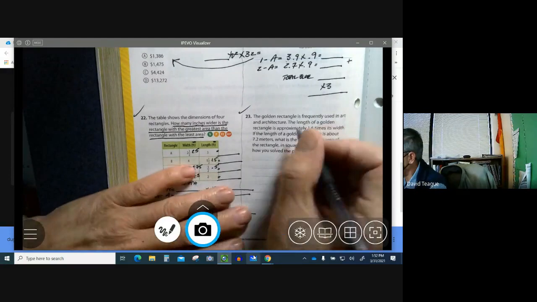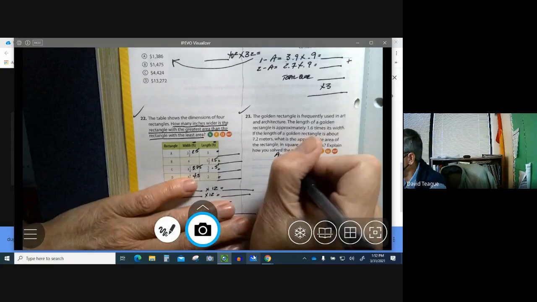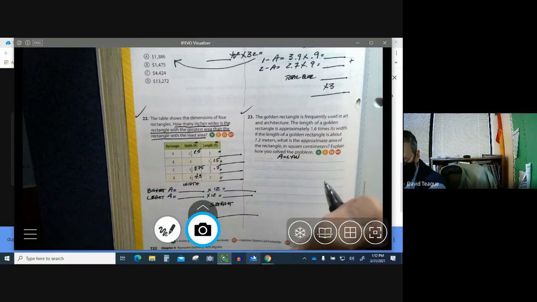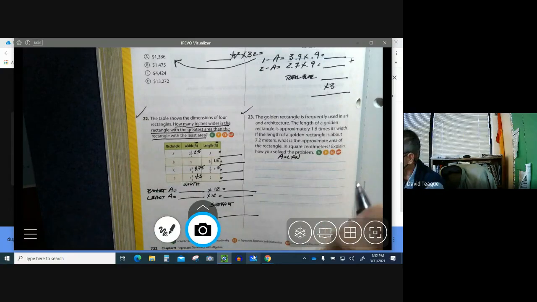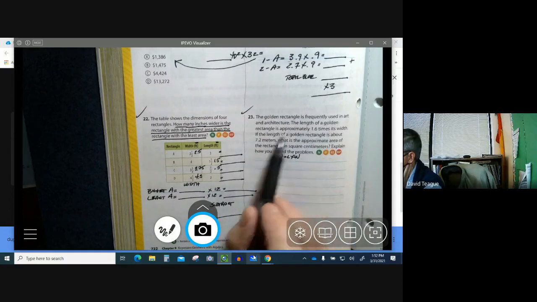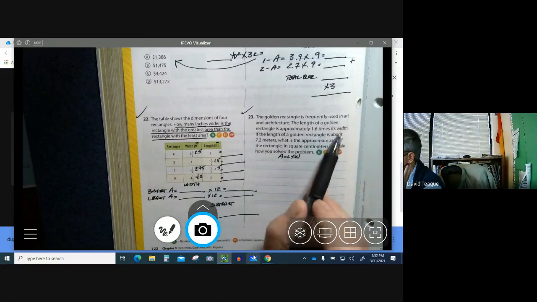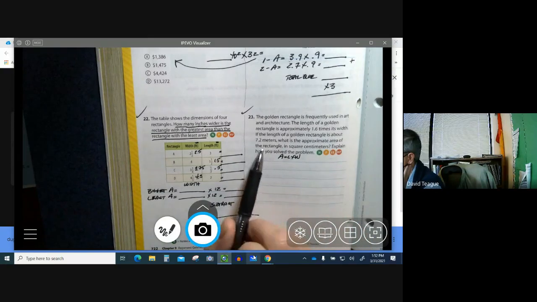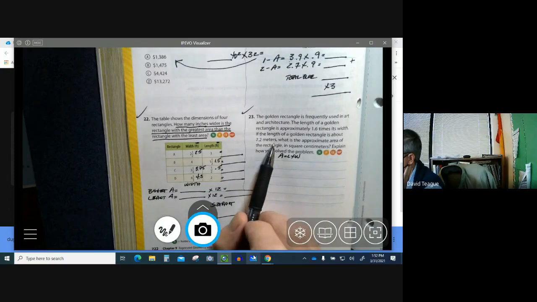So we're talking about area, right? So area is equal to length times width. So there's a relationship in this golden rectangle of 1.6 times its width, right? And they're telling me that this rectangle is 7.2 meters in length.